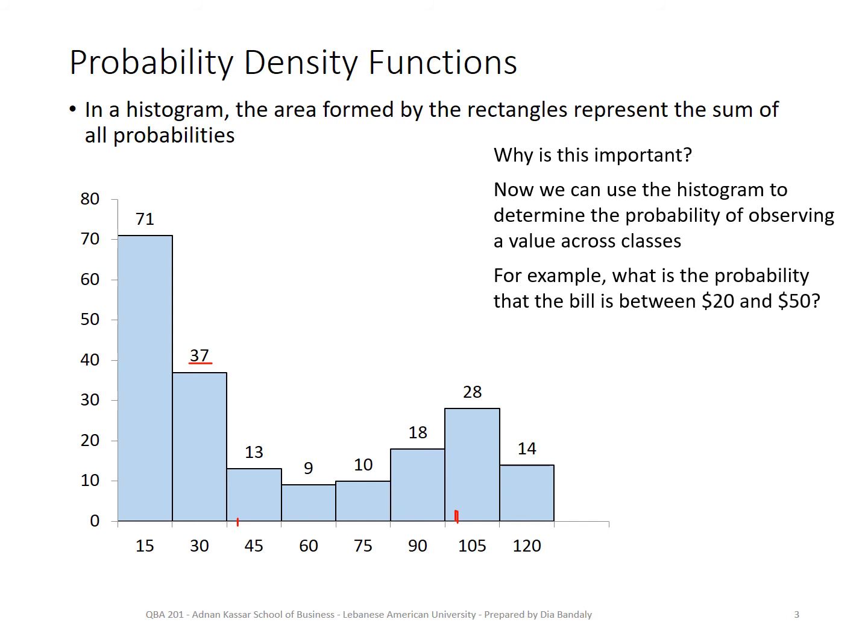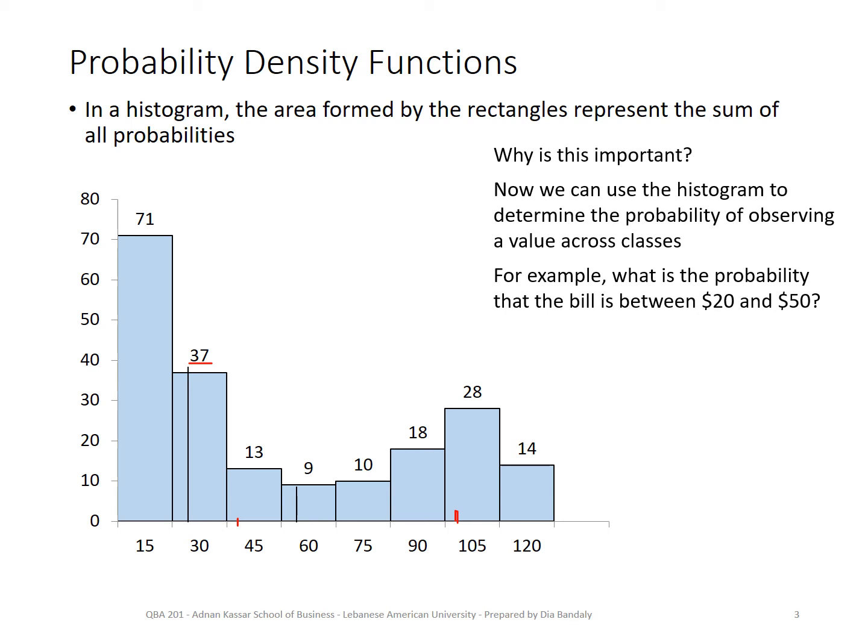So let's take another example. If I want to find the probability of having bills between 20 and 50. Okay, so 20 is here and 50 is there. So now I need to know how to calculate part of the rectangle.